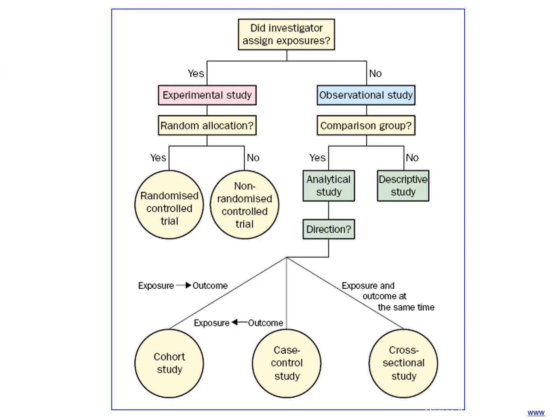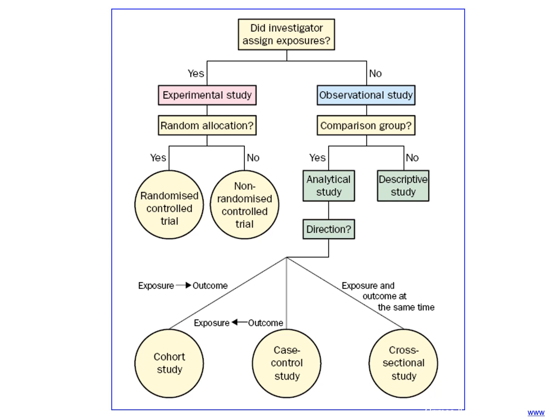Okay, so this slide is a consort diagram that shows you how to make a decision as to which study design to use. As you can see on the left, if the investigator assigns exposure, meaning the investigator actually manipulates factors, then it becomes an experimental study.